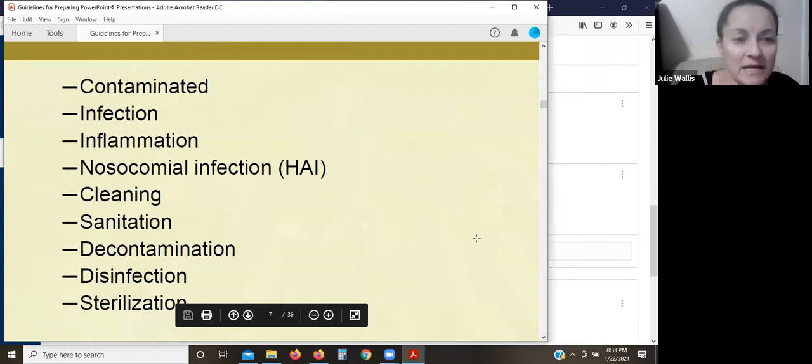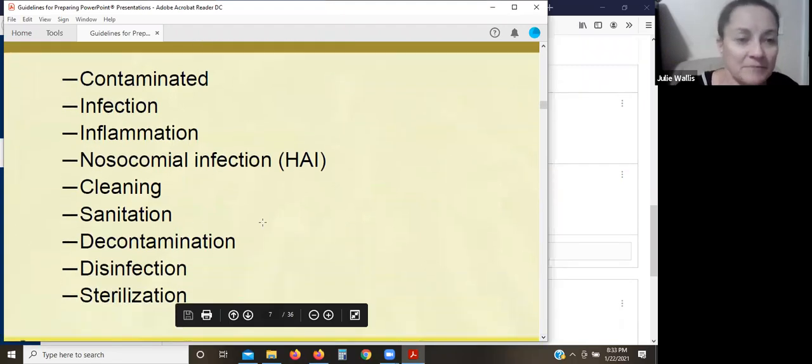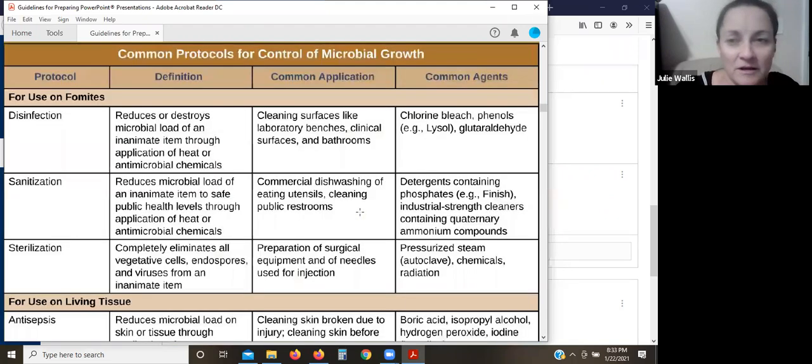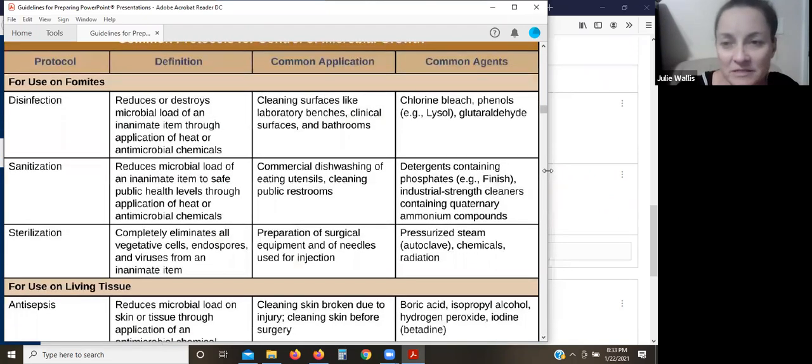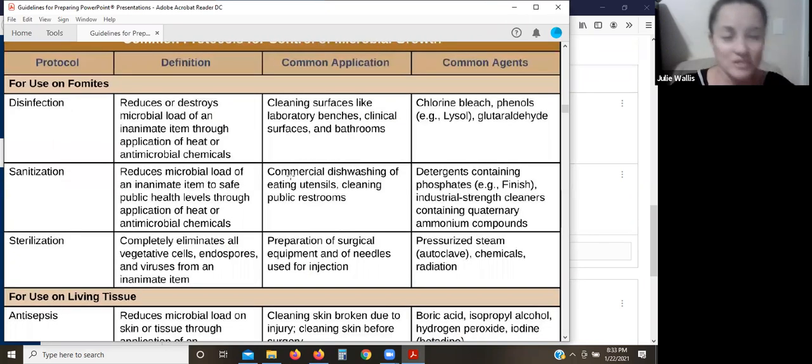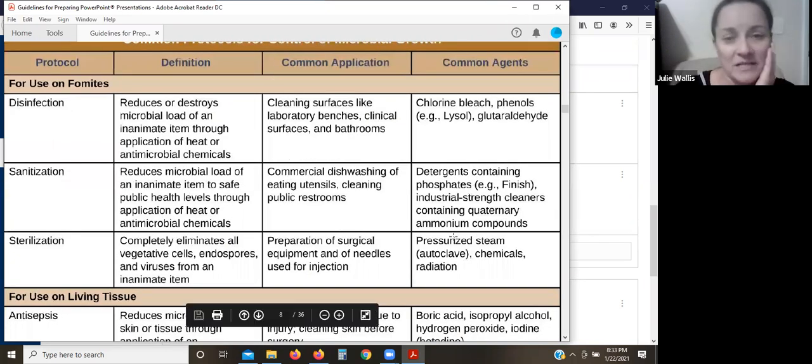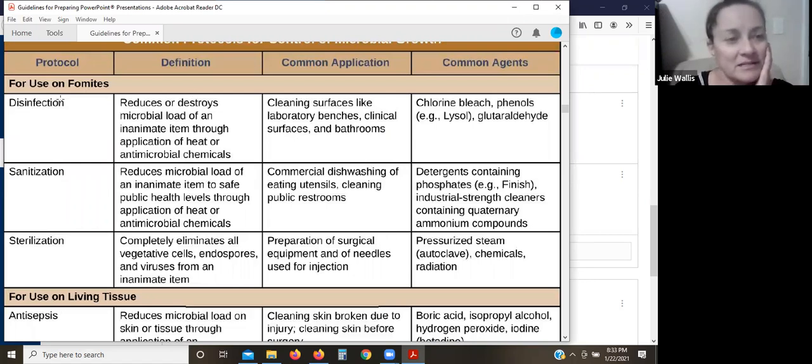All right, so let's look at our terms for this chapter and understand the difference between these different ones. This is a chart table I took from the OpenStax link I gave you for that microbiology text, but I really like the way it summarizes the difference because I think it breaks it down simply.